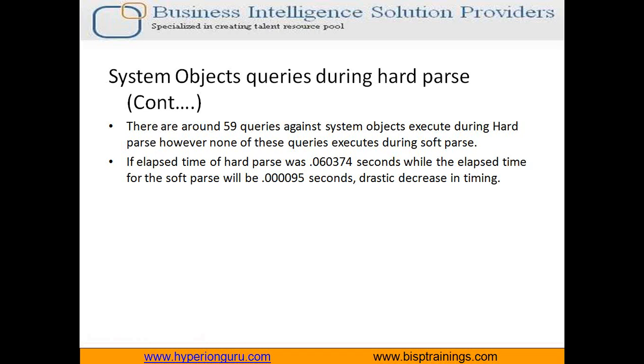It is also calculated that if your hard parse time is 0.06037 seconds, you can reduce it by making it a soft parse, to around 0.000095. How much is the difference? There is a drastic decrease in time for one SQL.